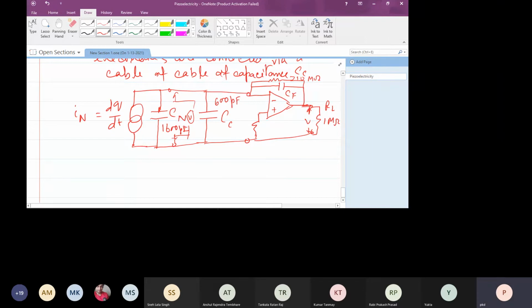So IN we have written as dq dt. IN is equal to dq dt.